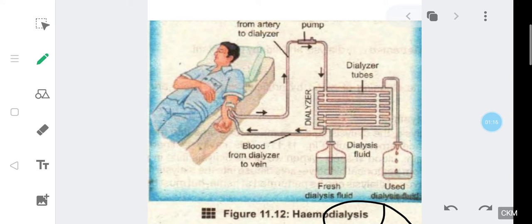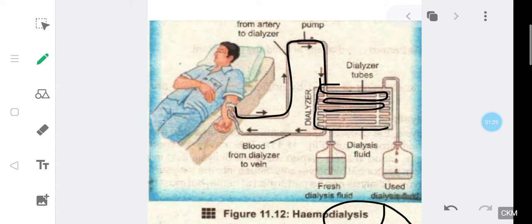So blood is taken out from the body and moves towards the dialyzing tubes, and these dialyzing tubes act as the semi-permeable membrane, and they are surrounded by the dialyzing fluid. When the blood is passing through these dialyzing tubes, the waste material from the blood is going to be removed and move towards the dialyzing fluid.